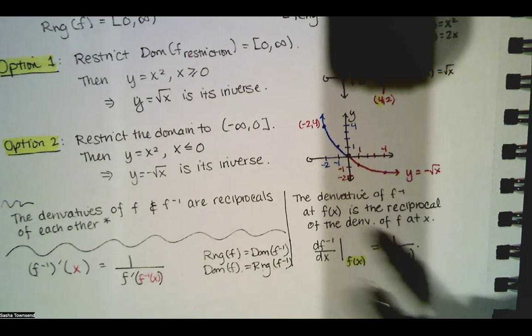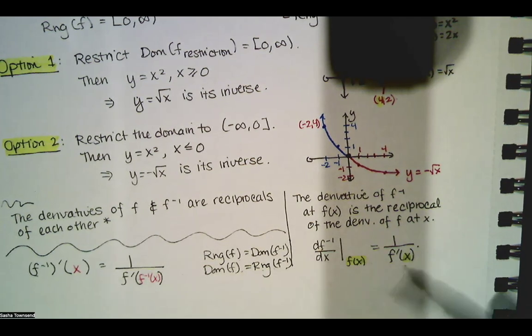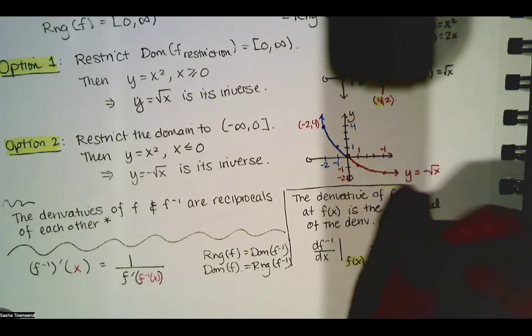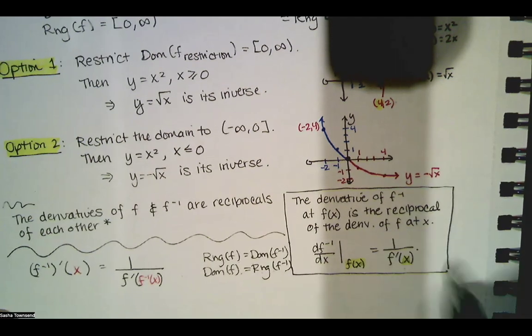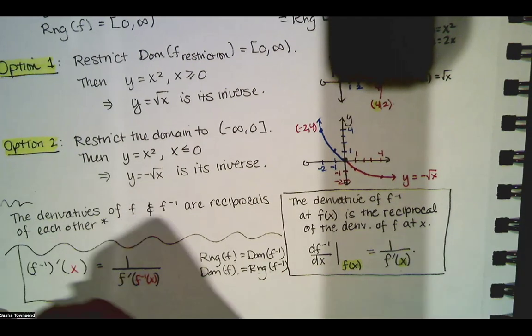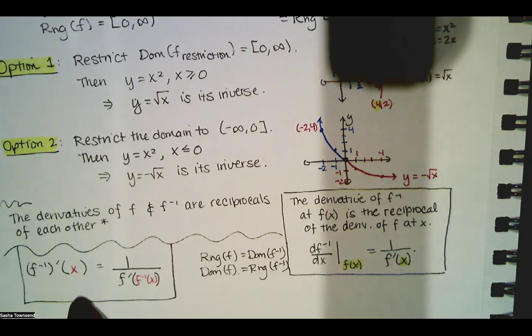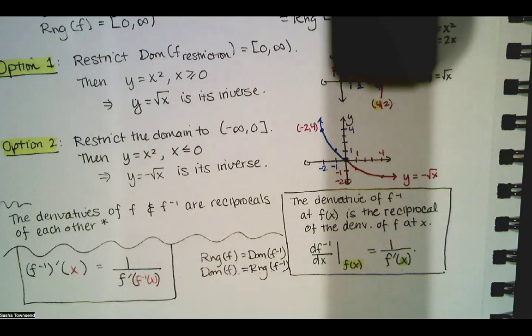It just depends on your perspective, which formula you're going to use. So that's our formula. We've got two equivalent forms. Let's actually use these formulas to compute the derivative of f inverse at a particular location.